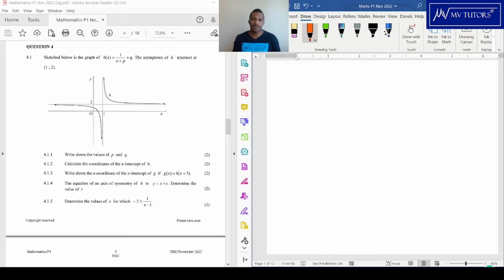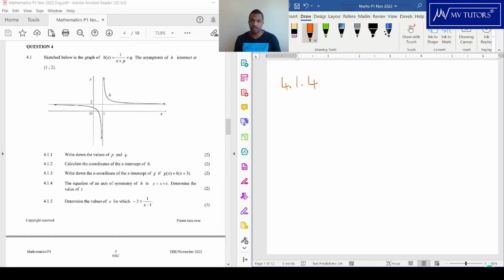4.1.4. It says the equation of an axis of symmetry of h is the positive gradient one. Remember, there are two equations of symmetry, a positive one and a negative one. So they give us the positive one, determine the value of t.